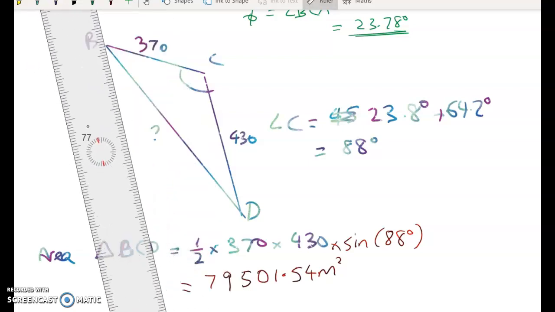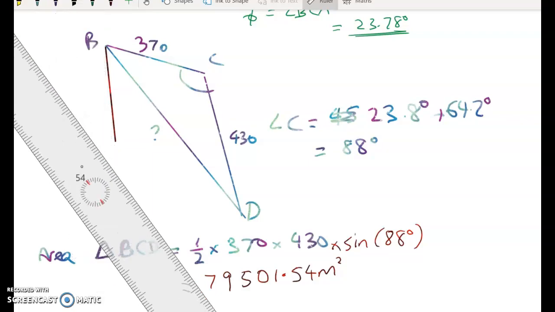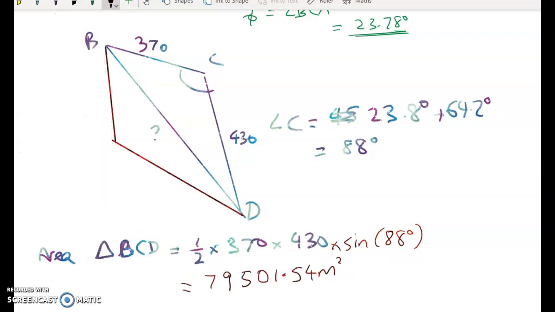So we can put in the A bit now. So that's good enough. So this is 270. And this angle here we know was 70. But we now know what this angle here is.